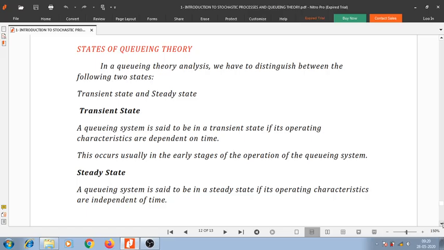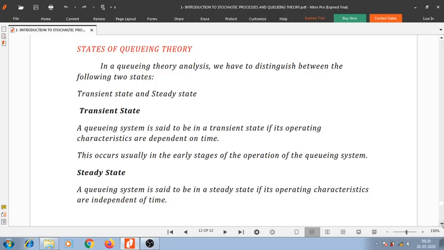Once we have described all these in the queuing system, now the solutions of the queuing system. The solution generally depends upon the transient state solution and the steady state solution. Transient state solution is nothing but the operating characteristics of the queuing system being functions of time, or depending upon time. Steady state solutions represent the operating characteristics being independent of time, no way concerned about time.